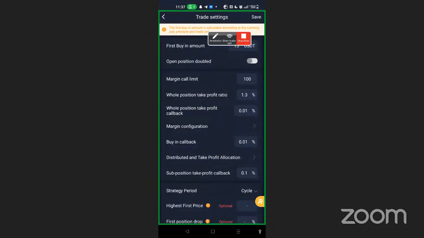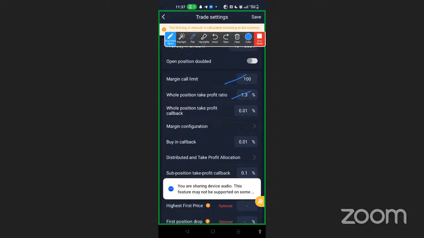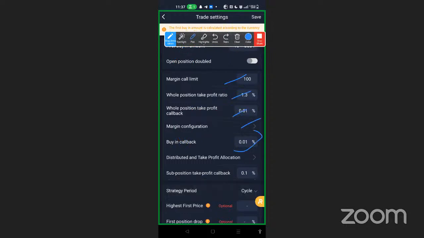Now let me explain this. When does the robot buy? For example, this guy says the robot falls down by 0.5. This means that when the market falls by 0.5, let the market rise by 0.01.